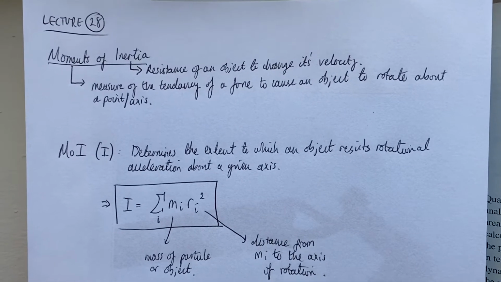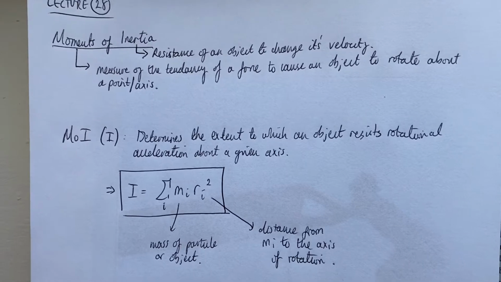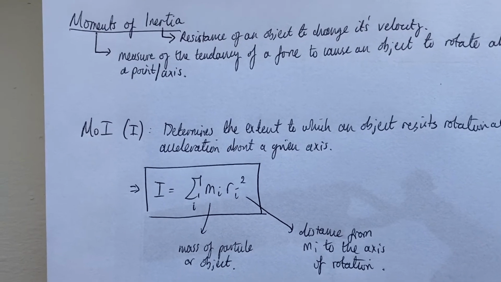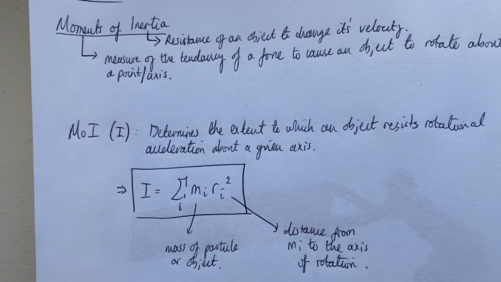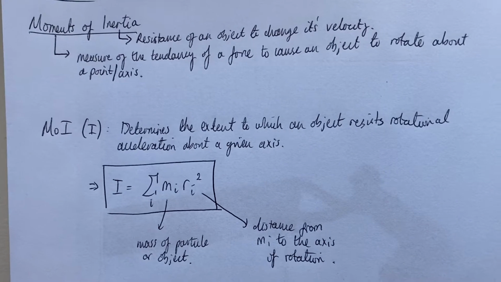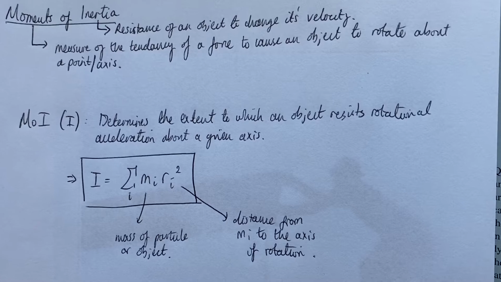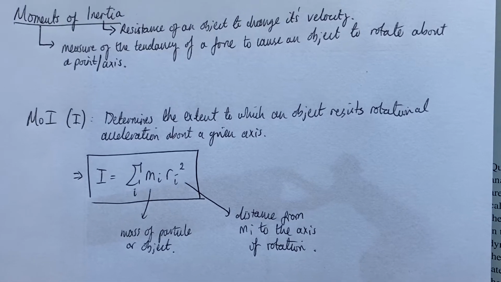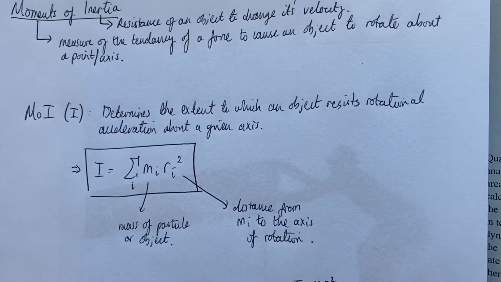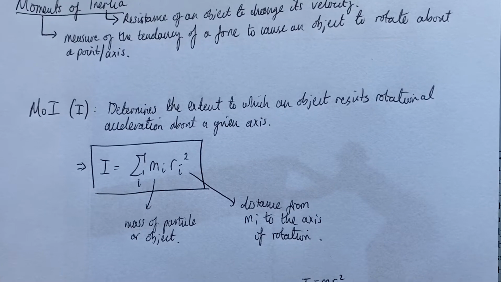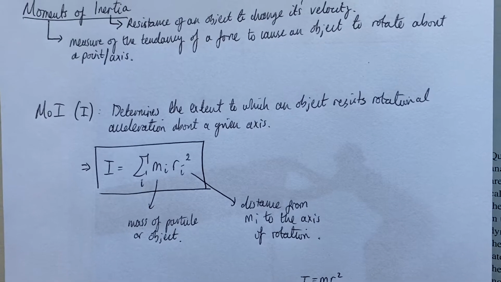So a moment of inertia then, and by the way, I'm going to start using this abbreviation MOI, and that's given the symbol capital I. So this determines the extent to which an object resists rotational acceleration about a given axis.